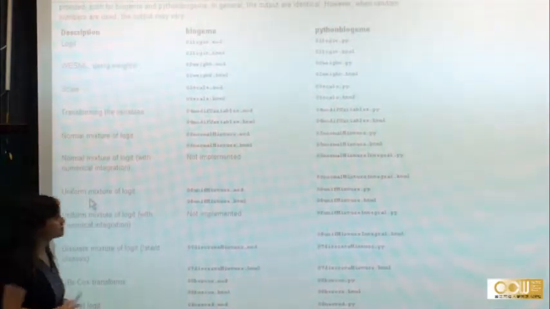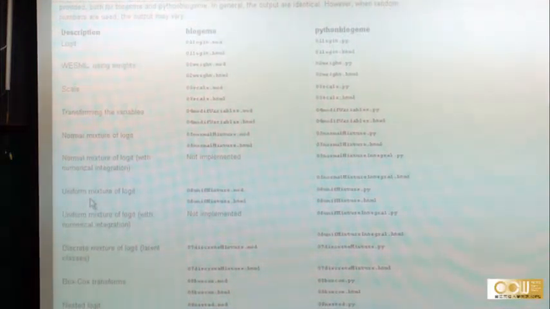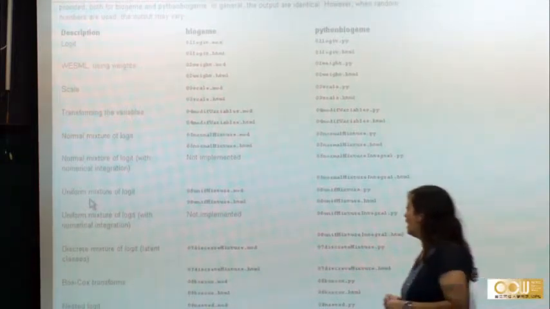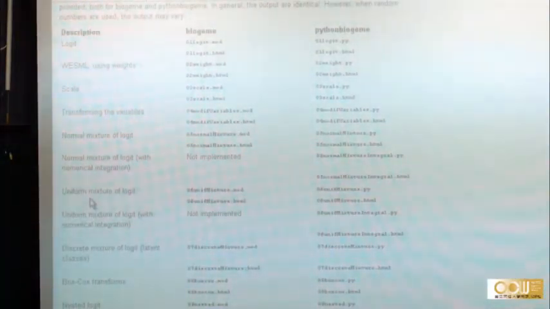Discrete mixture of logit, so it means that he estimates quantiles, the 10% quantile, the 20%, instead of having a continuous distribution. This is the discrete mixture of logit. Yes, Box-Cox transformation, many people have used this. They are not popular anymore, but 20 years ago people were doing a lot of stuff with this Box-Cox transformation.